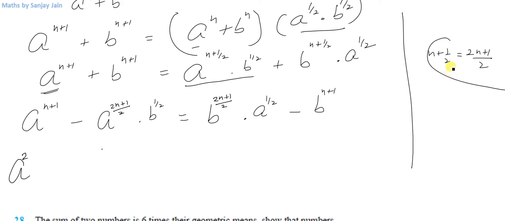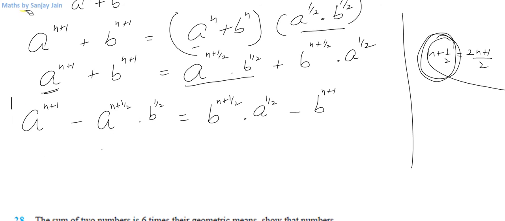I think that would have been more appropriate, n plus 1 by 2, because then I could have taken a raised to power n plus 1 by 2 outside, right? Let me write it once again like that, then I'll show what I'm thinking. If I write this as n plus 1 by 2 and n plus 1 by 2.